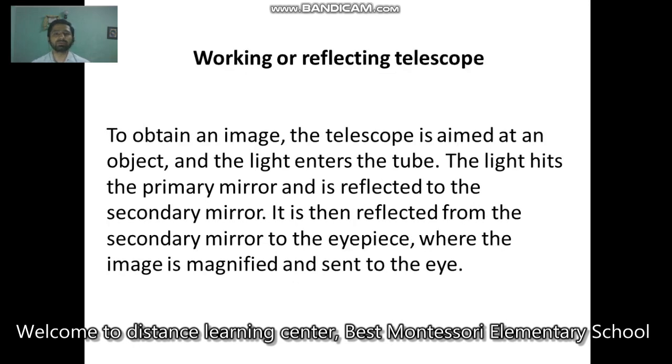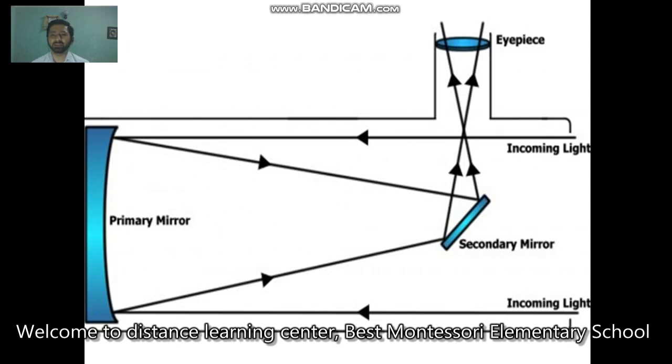Now when we move to the working of a reflecting telescope, let's move with a ray diagram. Actually, this is inside the tube of a reflecting telescope. On the right side of your screen we can see the incoming light.